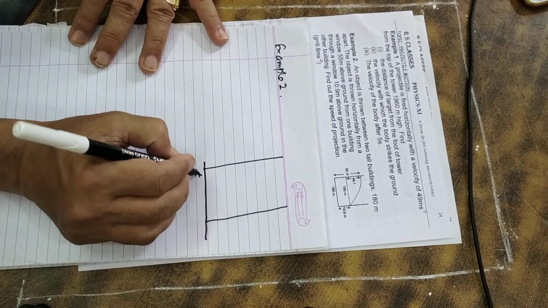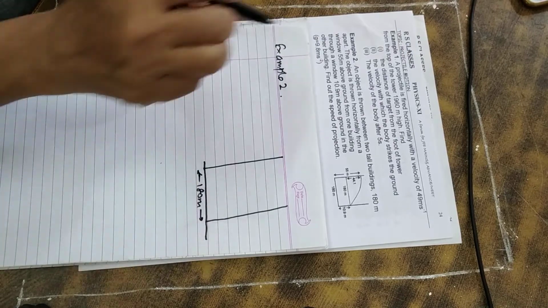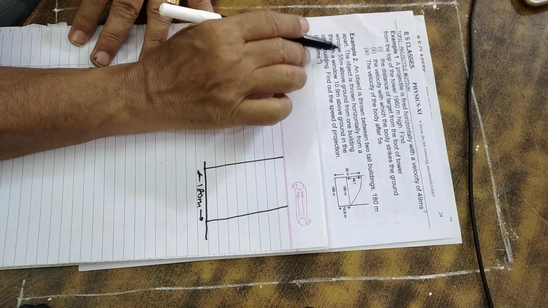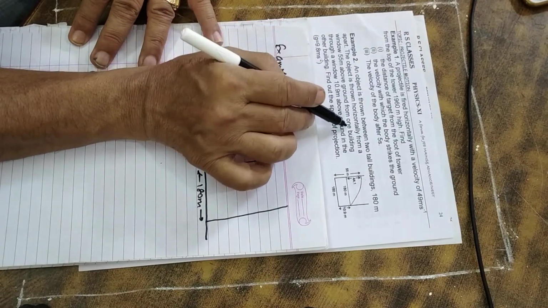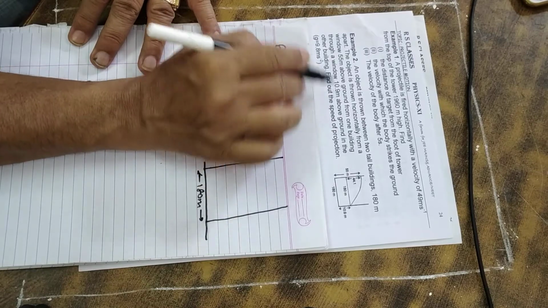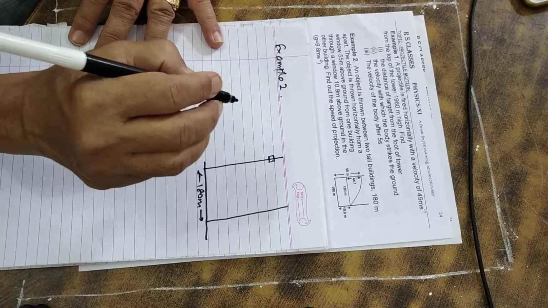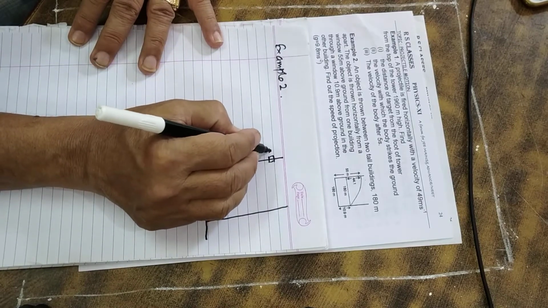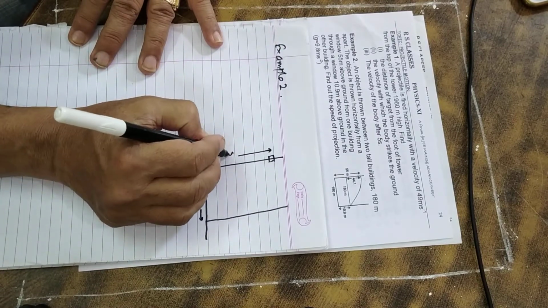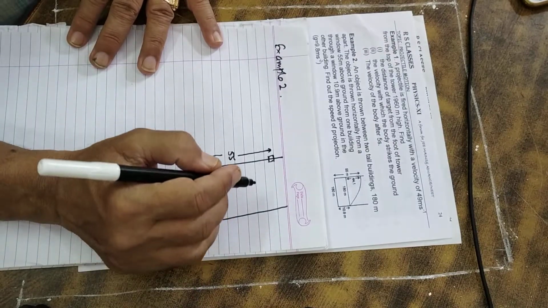The distance between these two buildings is 180 meters. The object is thrown horizontally from a window 55 meters above the ground in one building through a window 10.9 meters above the ground in the other building.